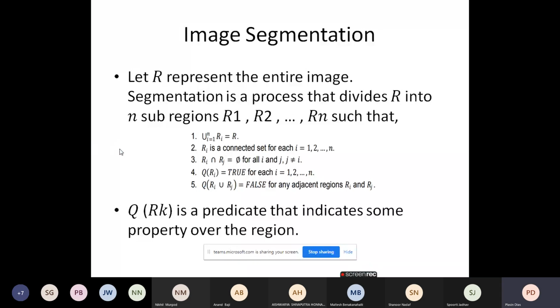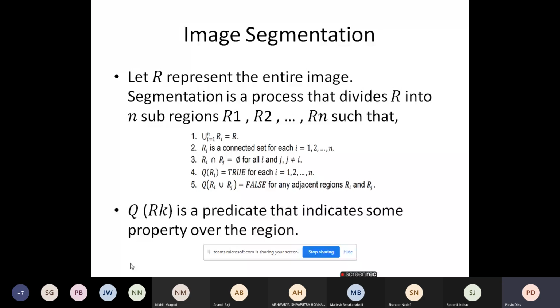Let's try to understand the fourth condition, which deals with the properties, just check here, Q of Ri is equal to true. What does it mean? It deals with the properties that must be satisfied by all pixels in a segmented region.